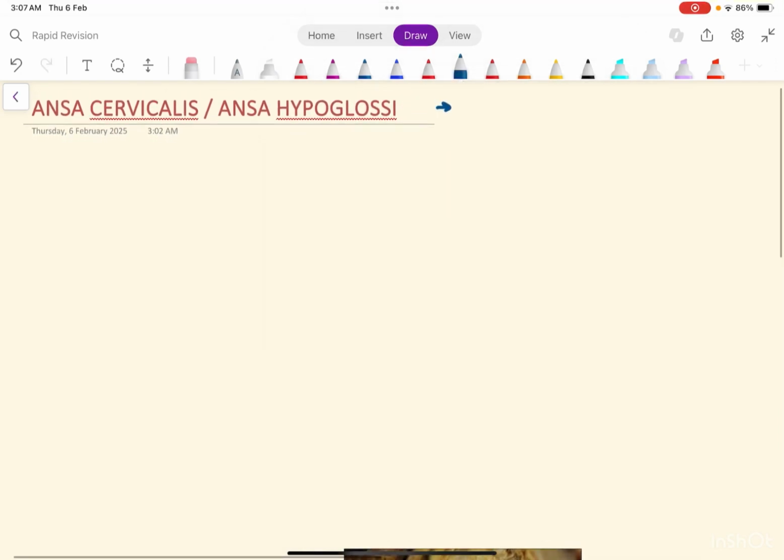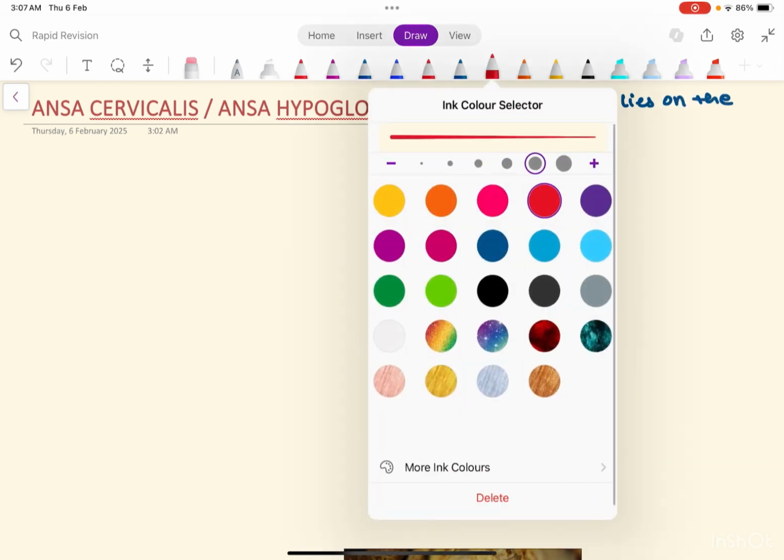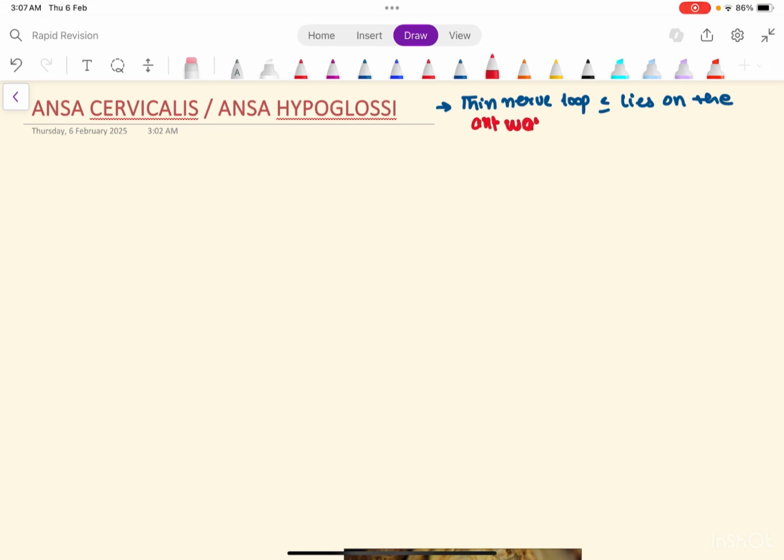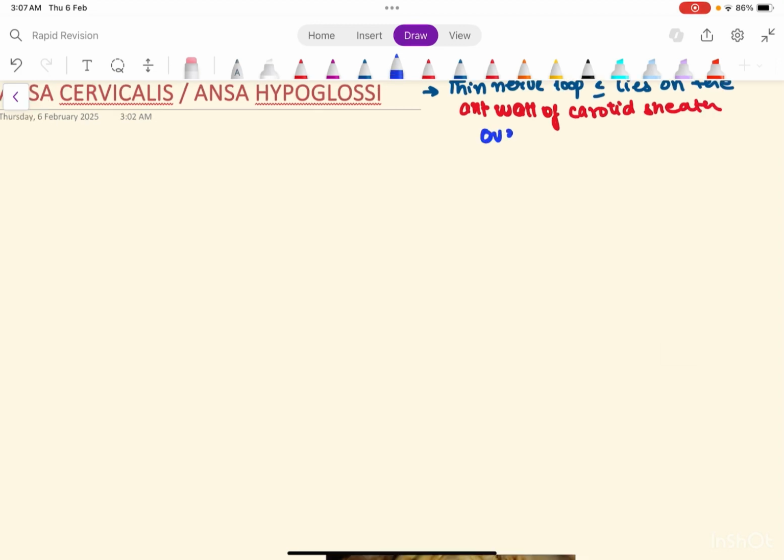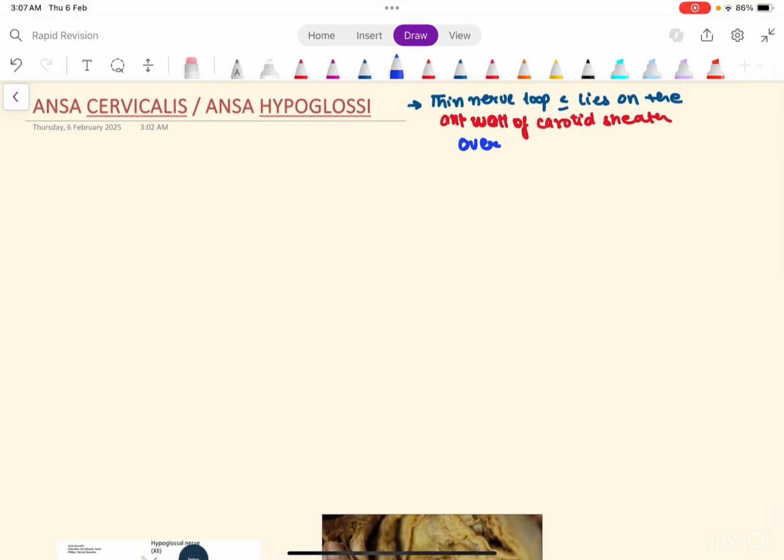First of all, you should know that it is a thin nerve loop, which lies on the anterior wall of the carotid sheath, over the lower part of the larynx.